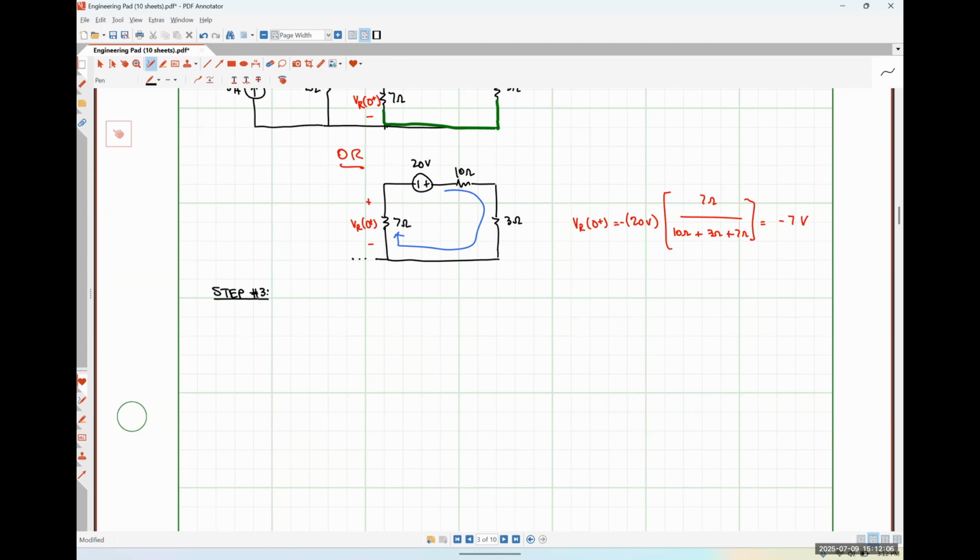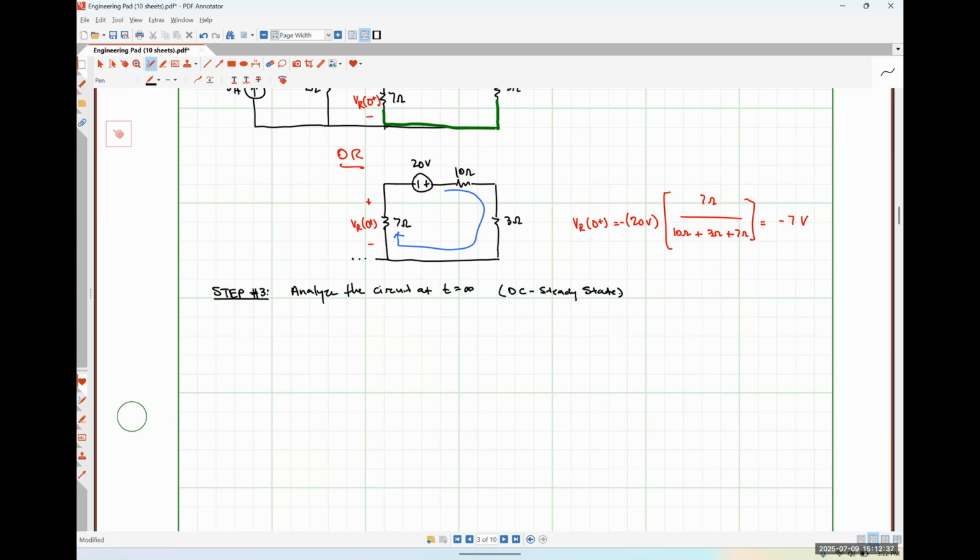But when we start working on systems where the sources are left in, then this step is going to matter. So step number 3 is to analyze the circuit at t is equal to infinity. And I'm just going to make another note here. This is also at DC steady state.